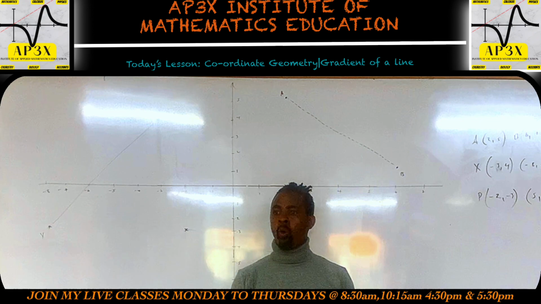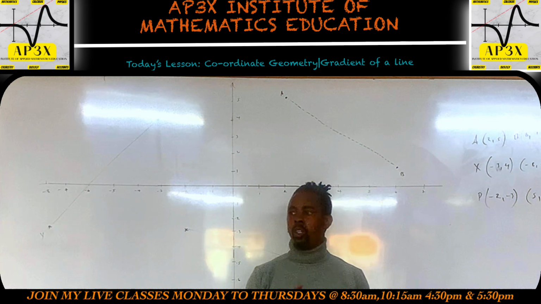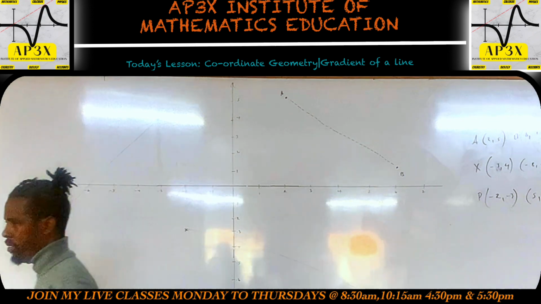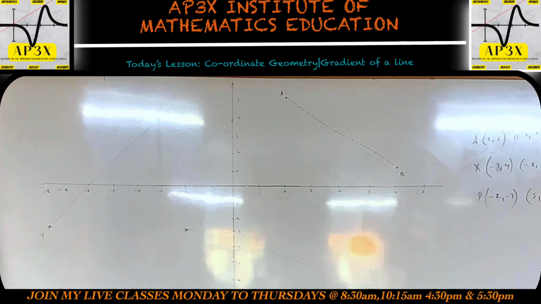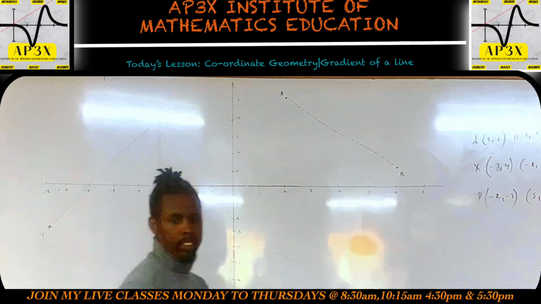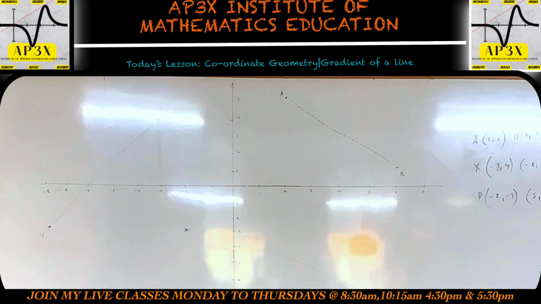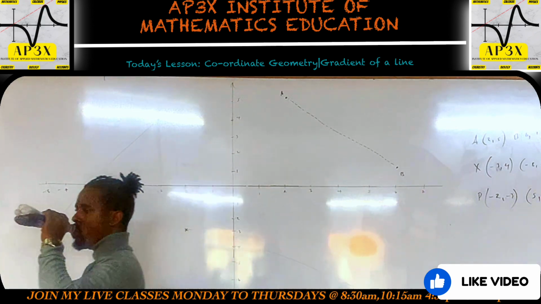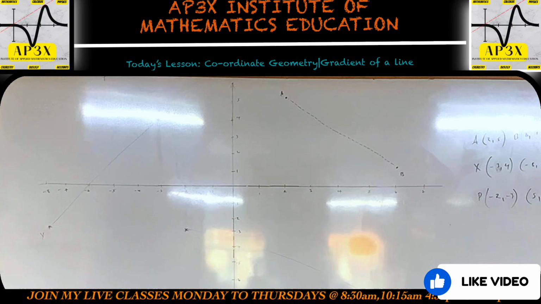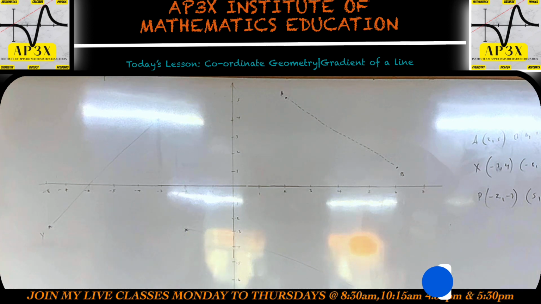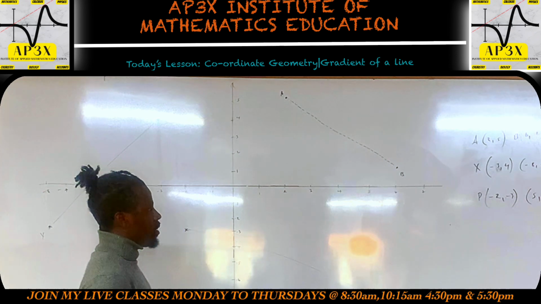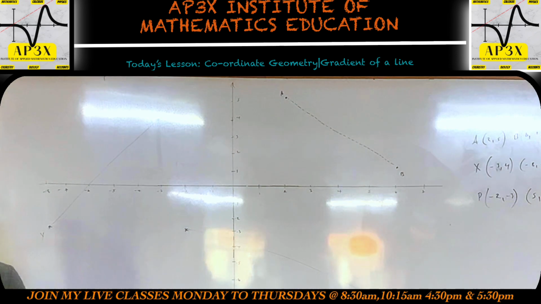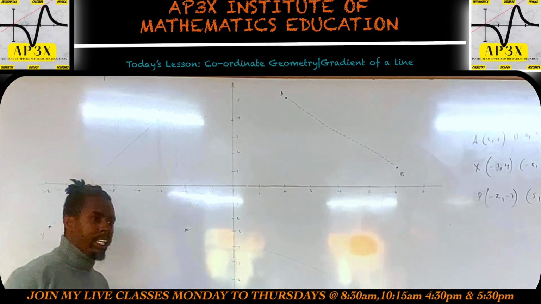So gradient and slope are the same words. Gradient / slope of a line. S-L-O-P-E.